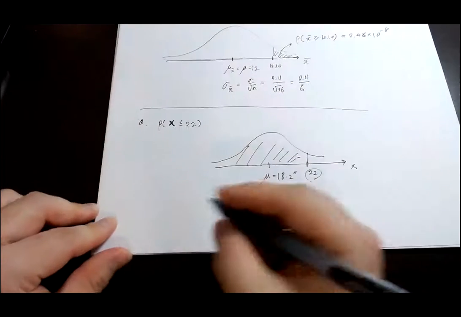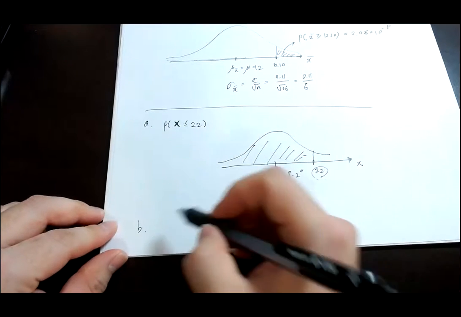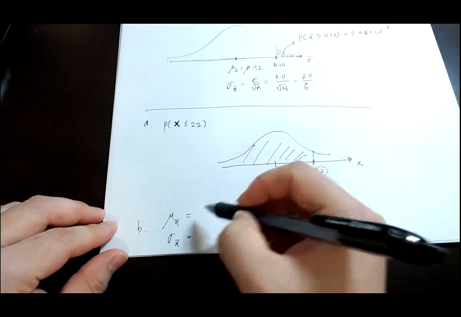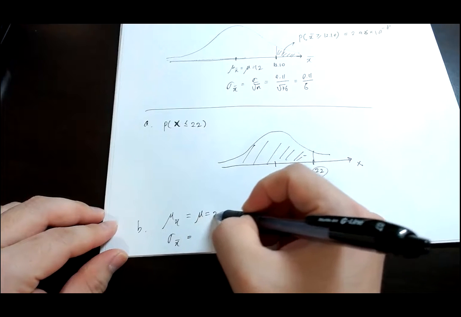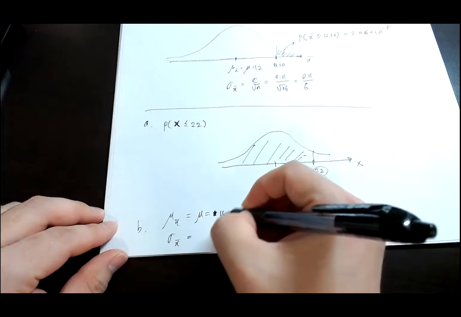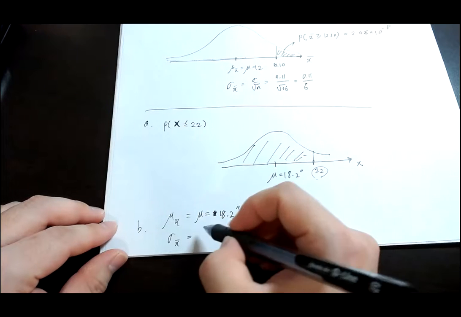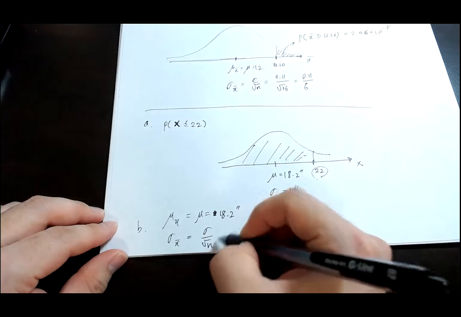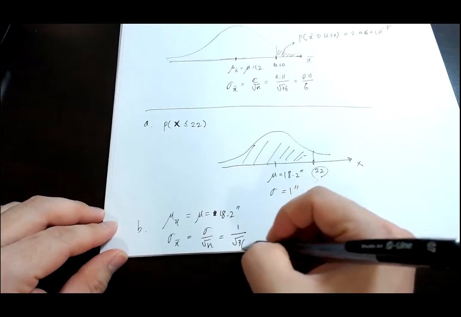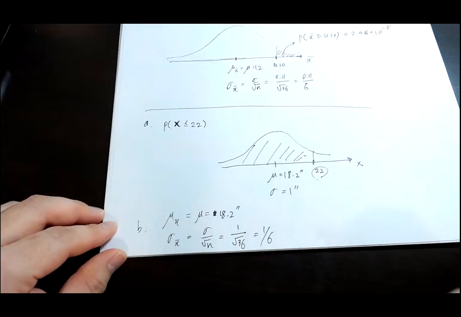So now in question B, what are we going to do? We need to figure out mu x bar and sigma x bar. So mu x bar is equal to mu, which is 18.2 inches. And sigma x bar is going to be sigma over square root of n, which is 1 over square root of 36, which is 1 over 6.